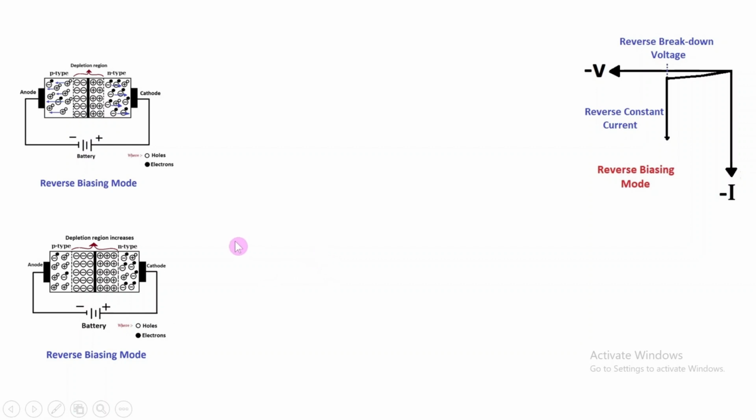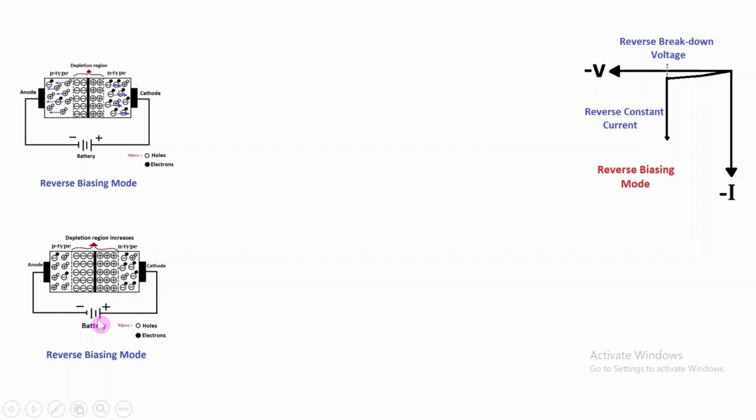Now if we provide less reverse voltage, I mean if the magnitude is less, then there will be less current because of this motion of the electrons towards these plates. Okay, so that current is represented here.